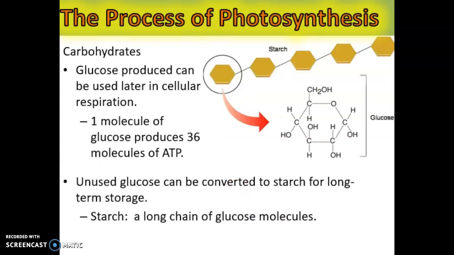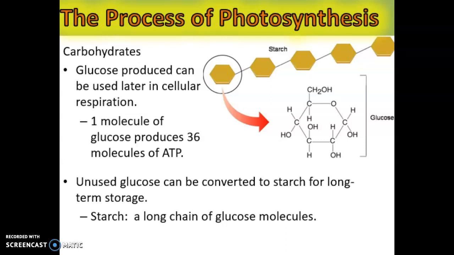Let's talk a little bit about carbohydrates now, because carbohydrates are the end result of the dark reaction and photosynthesis in general. Glucose, as I mentioned, is later used in cellular respiration, and it's broken down to make more ATP.